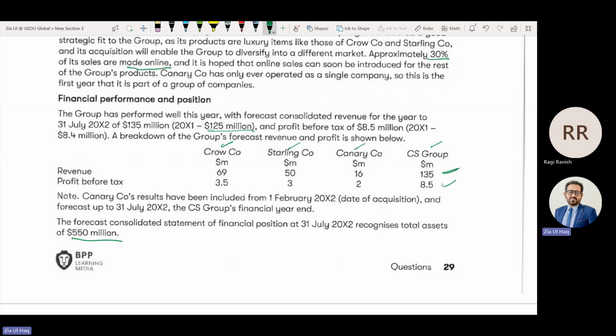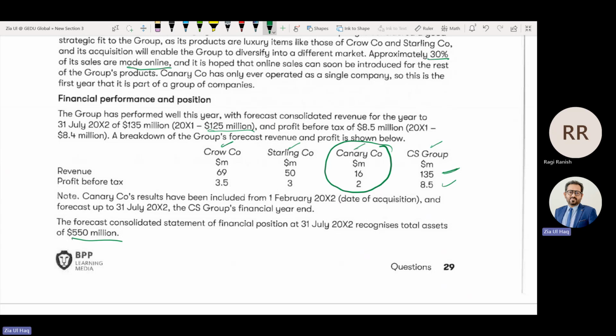Is comparing this 135 and 8.5 with the previous results a like with like comparison? No. Canary was not there last year. If you want to measure performance, you should exclude the results of Canary from the current year and then compare.